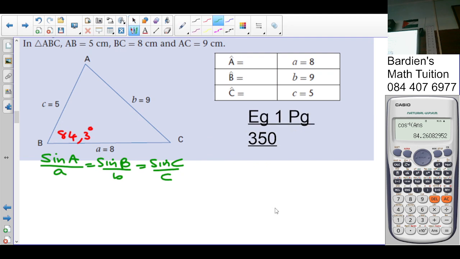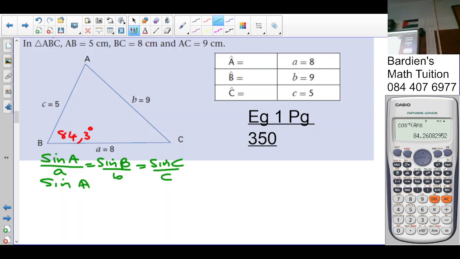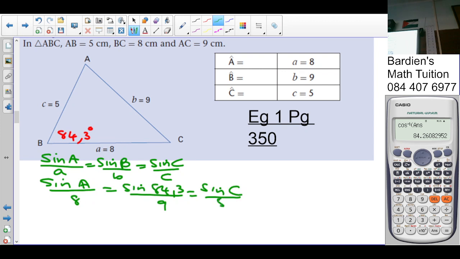So it's simply sine of angle A over 8 is equal to sine of 84.3 over 9, which is equal to sine of C over 5. So in other words, I can calculate angle A at this point. Not so? So what do we do? Cross multiply.